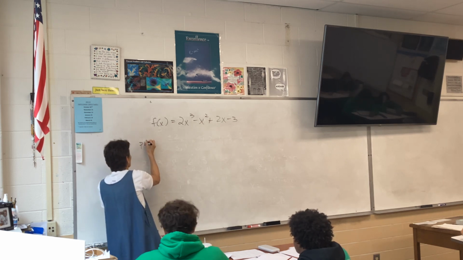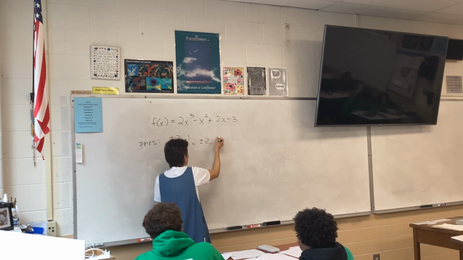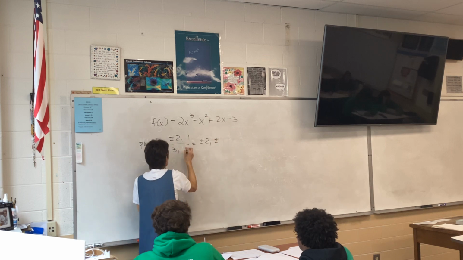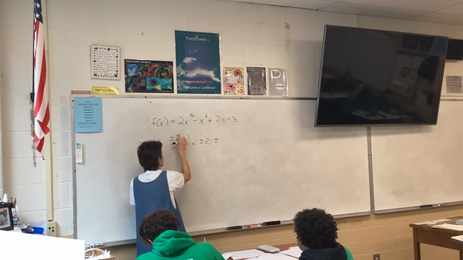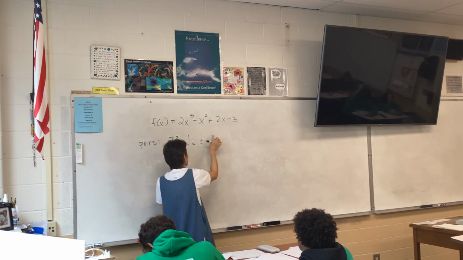And our PRRs this time are factors of 2 over factors of 3. Or would it be factors of 3 over factors of 2? It's 3 over 2. Thank you very much.